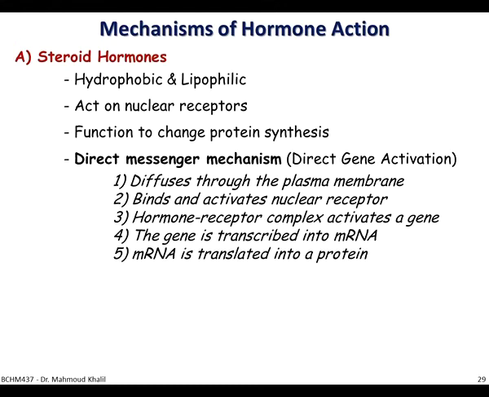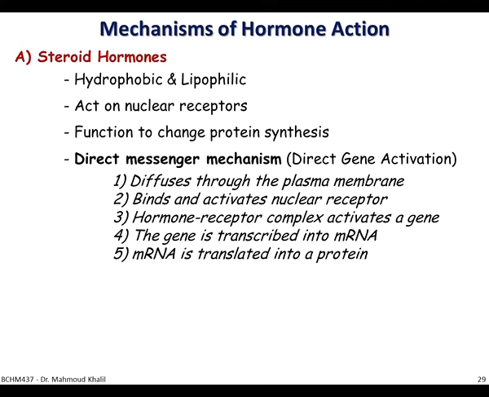So actually the mechanism of the steroid hormone is called direct gene activation or direct messenger mechanism, in which the hormone, because it's lipophilic, will diffuse straight through the plasma membrane. It will bind and activate the nuclear receptor. Although it is called a nuclear receptor, it exists in the cytoplasm.